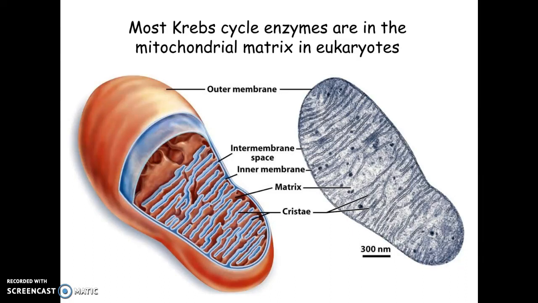Some 2 billion years ago, an anaerobic eukaryote that was not able to participate in aerobic reactions swallowed this rickettsia, but for some reason didn't digest it.